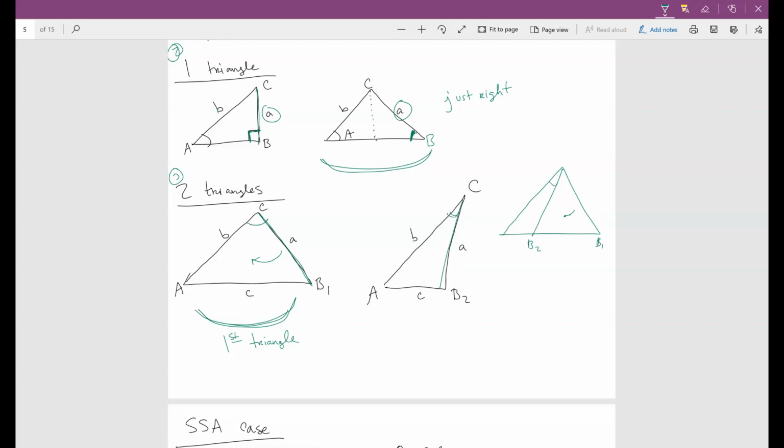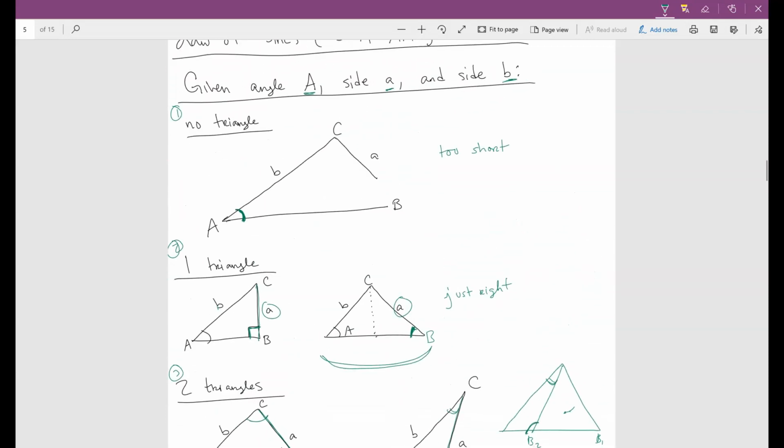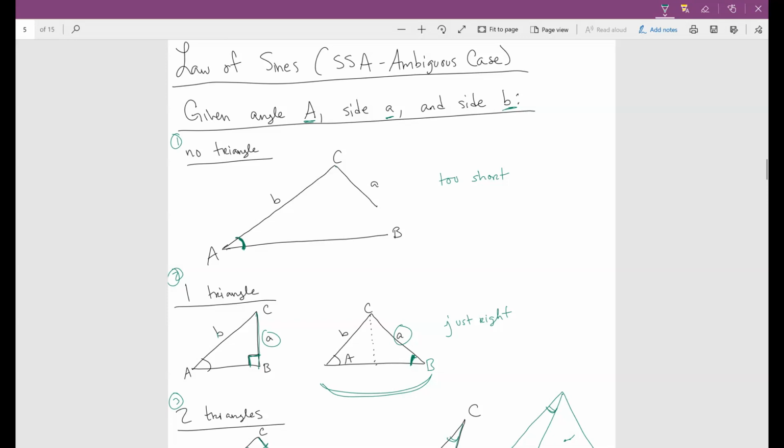Sometimes, if the measurements are right, you can create a new triangle, two different triangles. So this is going to be the second triangle. It really depends on what the measurements look like. These are basically the three different cases you can have with the SSA or the ASS case.